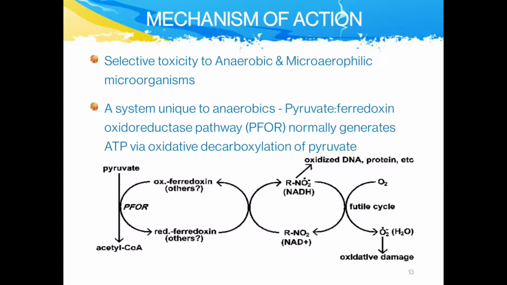Okay. What is the mechanism of action of metronidazole? Selective toxicity to anaerobic and microaerophilic microorganisms. A system unique to anaerobes, the pyruvate ferredoxin oxidoreductase pathway, PFOR, normally generates ATP via oxidative decarboxylation of pyruvate.